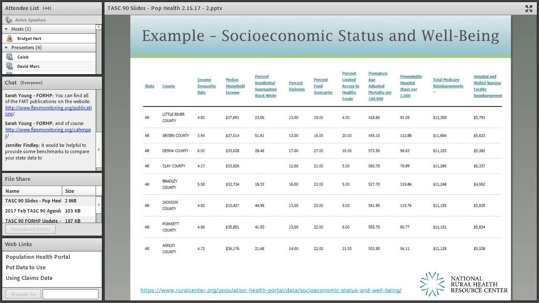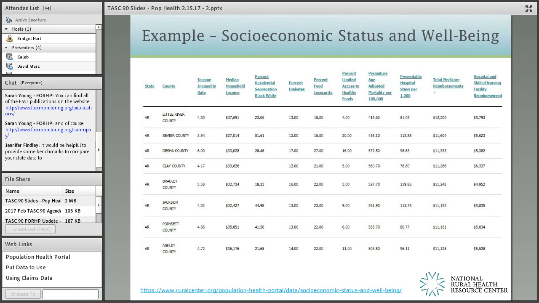And this scenario, and Bridget, you might need to make this one appear as large as possible, please, so people can read it. The filters go down to the county level as well as state. In this case, this is not hospital-specific data.